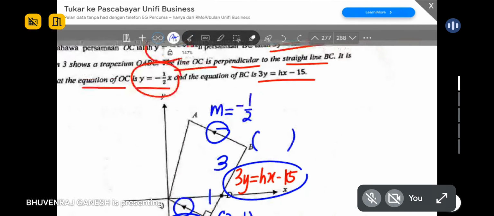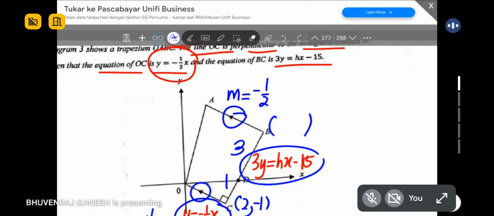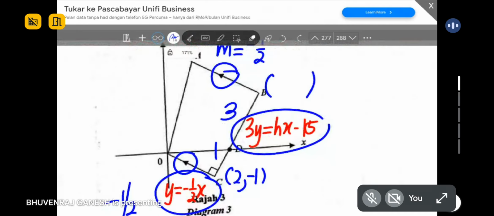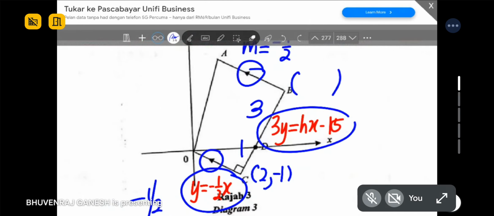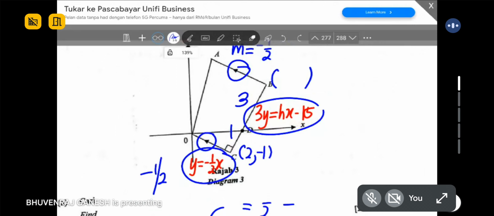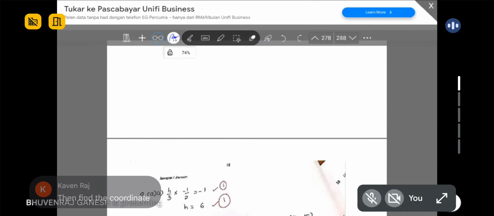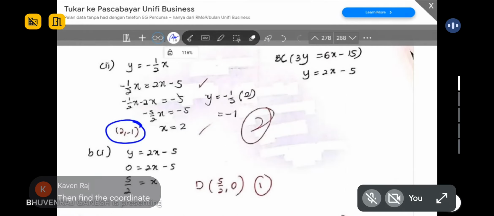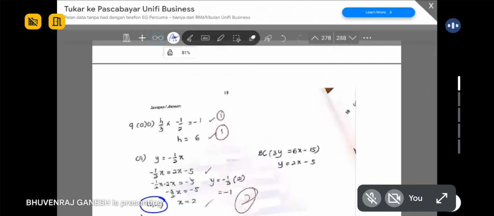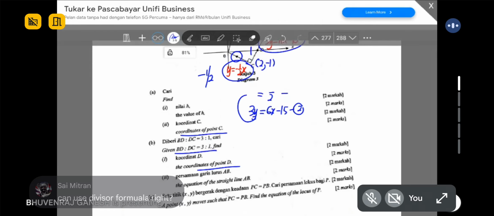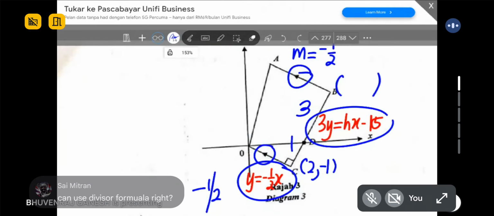But let me see. You guys must use simultaneous. Wait, let's see whether simultaneous can or not. So for this question, right? Coordinate D. Wait, let me check and see what is the working. Wait, did I make something wrong? Y is 2x minus 5.